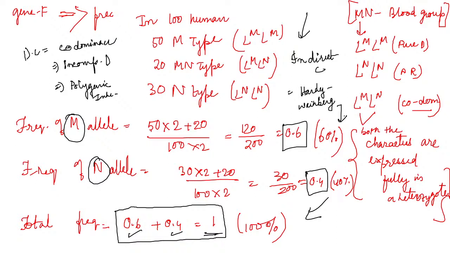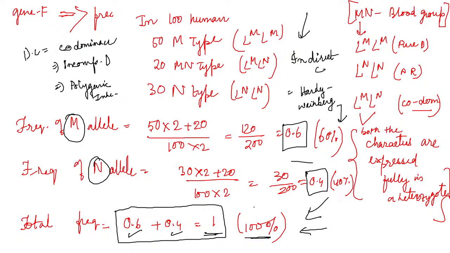that whatever be the migration, emigration, death or birth of an organism, every time the gene frequency of a given population will be constant, that is 1 or 100%. Every time it will be a whole 100%. Clear? We have already discussed this.